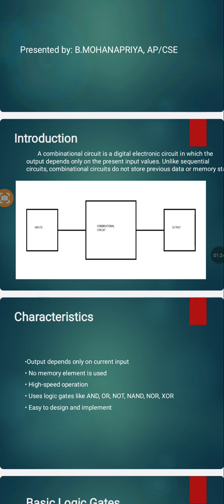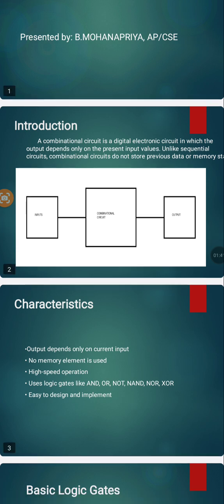Unlike sequential circuits, combinational circuits do not have memory, so they do not store previous values. It has no memory and no feedback path to store past data histories.